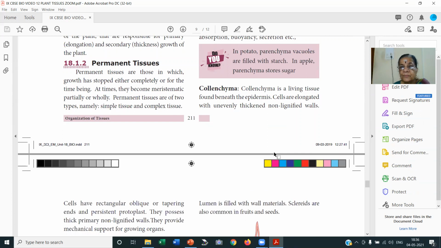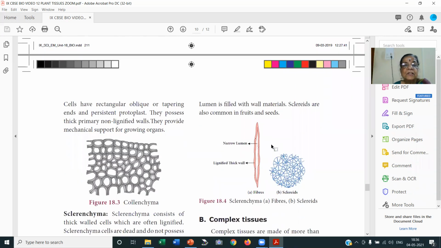I hope you follow. Then cells have rectangular, oblique or tapering ends and persistent protoplast. They possess thick primary non-lignified walls. This is collenchyma. This is what we studied in the dicot stem, the hypodermis.